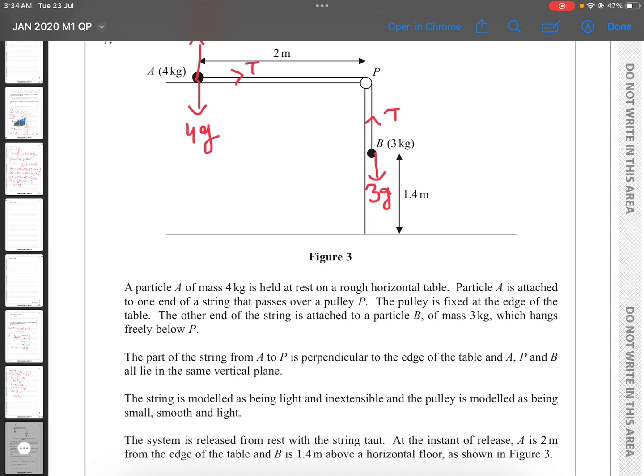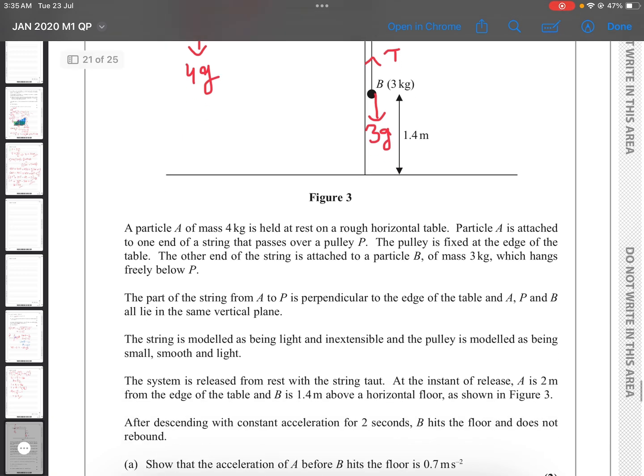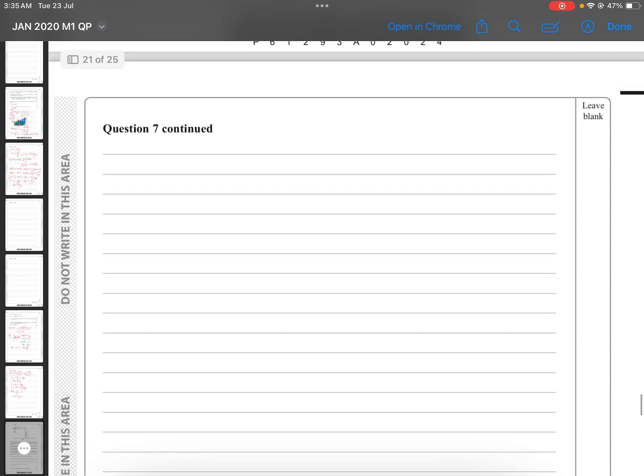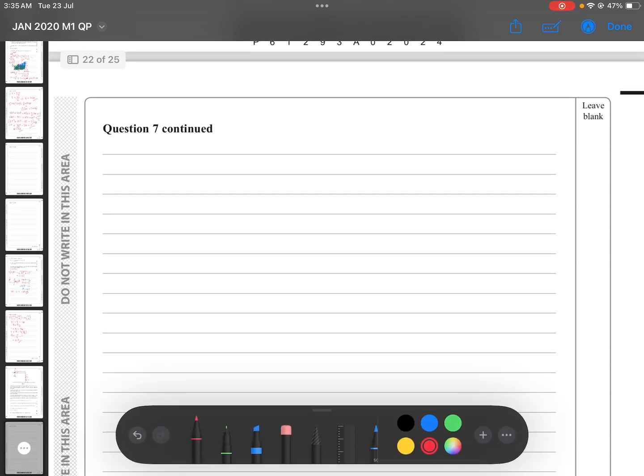So now you can see that for A we don't have that much data provided, but for B we have. We can use the SUVAT equations to find the acceleration of B, which will also be equal to the acceleration of ball A. So using SUVAT equations, we can see what data we have.